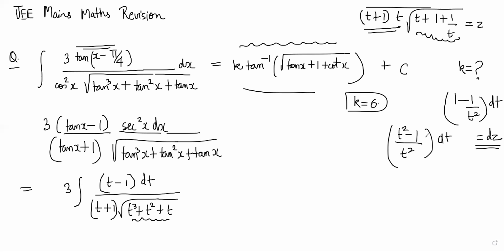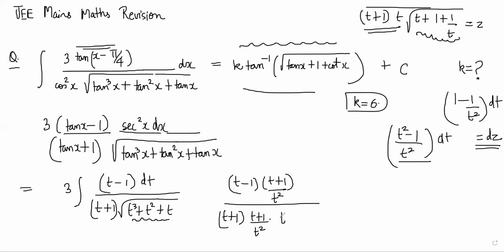So this is what I need on top. So I can just say this is t minus 1 into t plus 1 by t square. I've just multiplied it there. And I have to multiply here also, then down t plus 1 by t square. And there is a t down already, right?